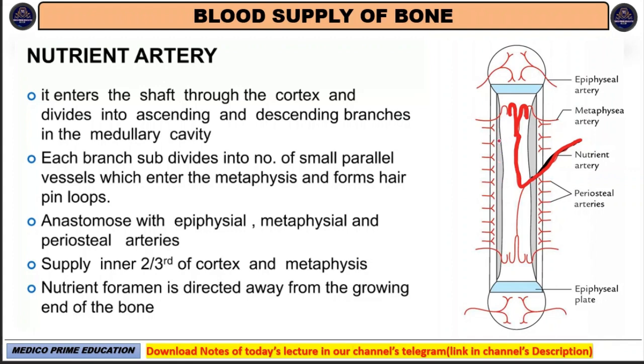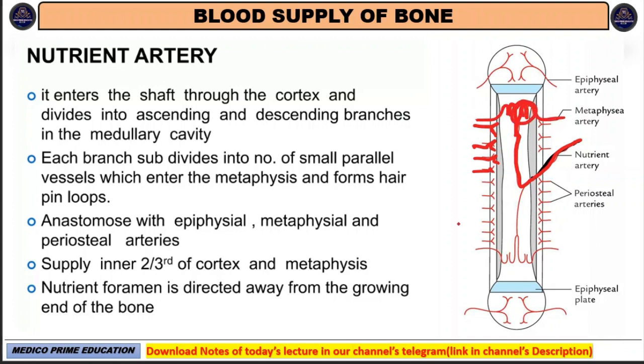After that, it anastomoses with the epiphyseal, metaphyseal, and periosteal arteries. This is the periosteal artery, and this is the metaphyseal artery.